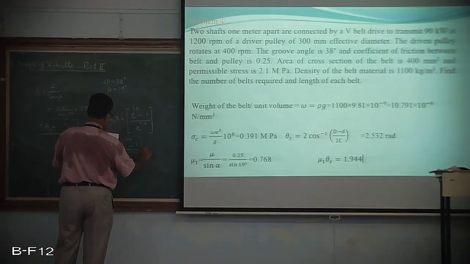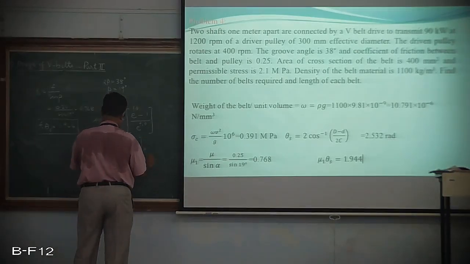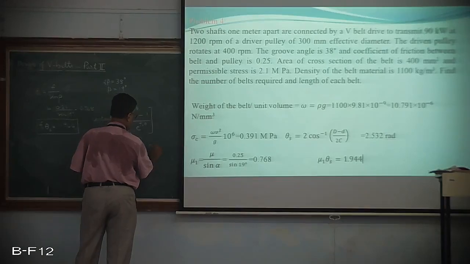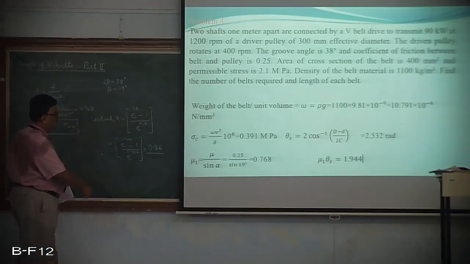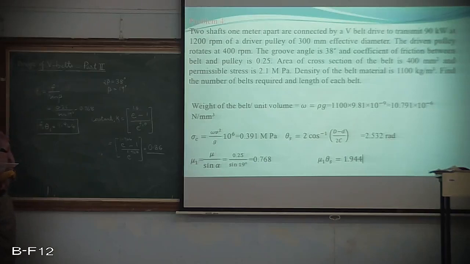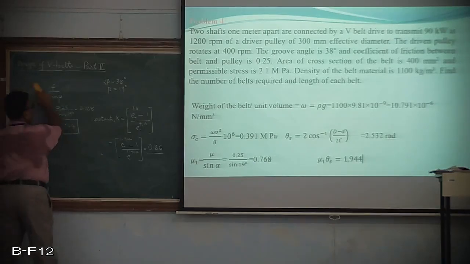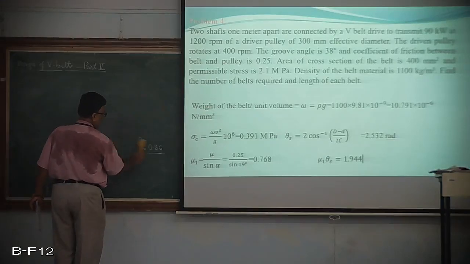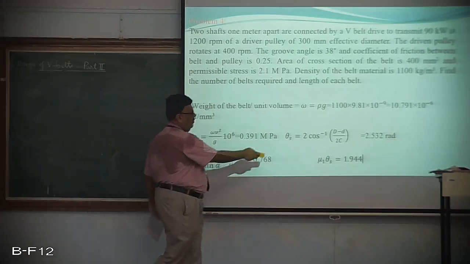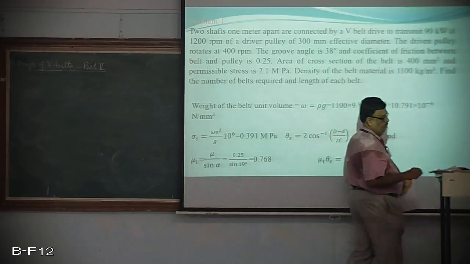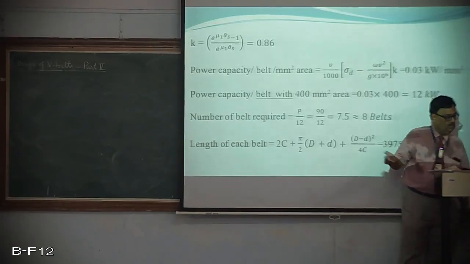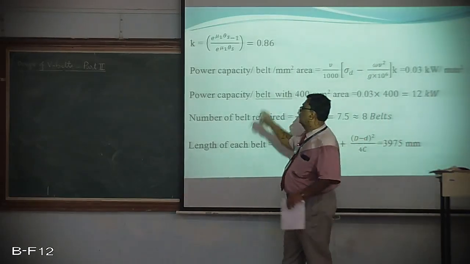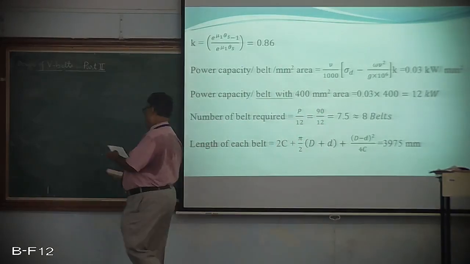The constant comes out to be 0.86. The value of small k comes out to be 0.86. Now we will recalculate this. I have already shown you all these calculations here. If you look at the next page, this is the calculation I did for the constant K.